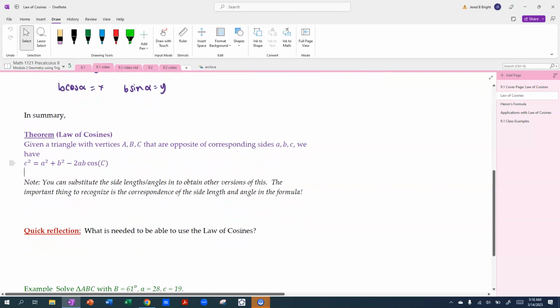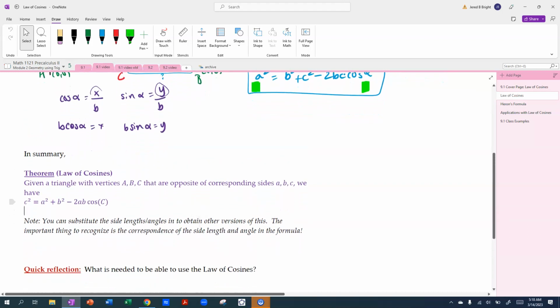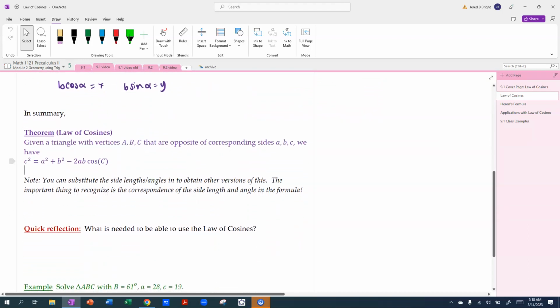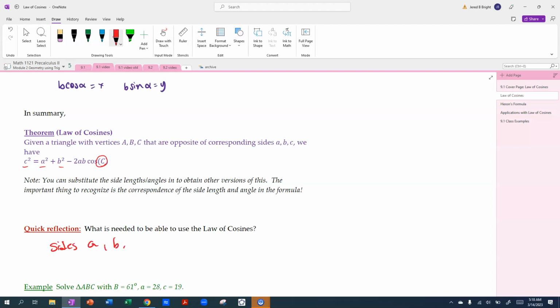Before I go further, I want to pay attention to one thing: what do we need in order to use the law of cosines? If you notice, we have c, a, b, and then the angle C. So we need three sides and an angle, sides a, b, c, and then angle A. Technically, in order to solve, one of these is missing.